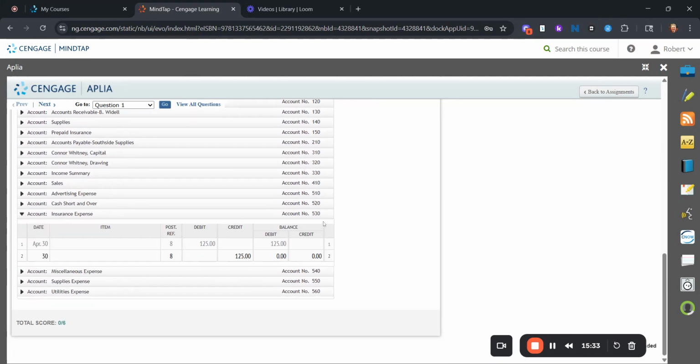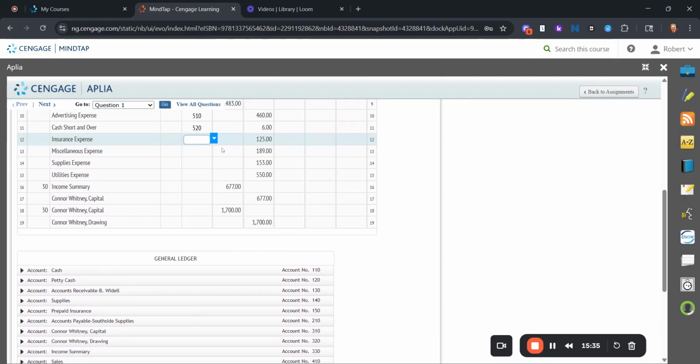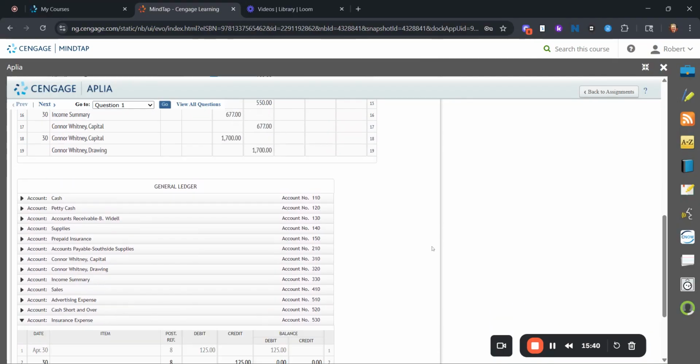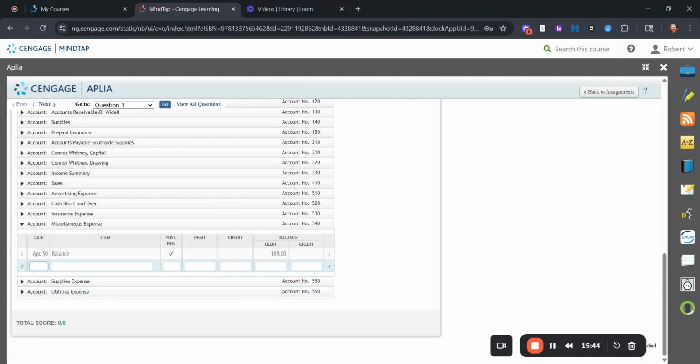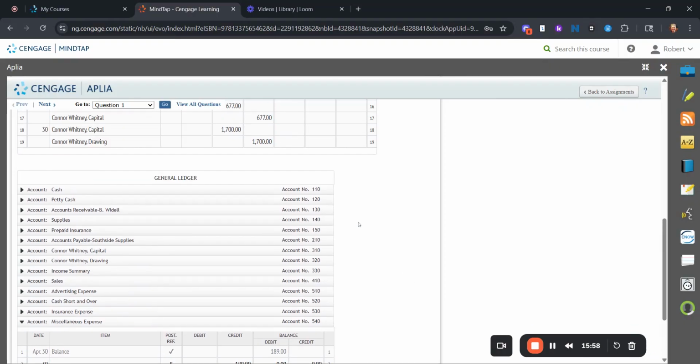Account number 530 for insurance. Now miscellaneous expense 189. Account number 540.